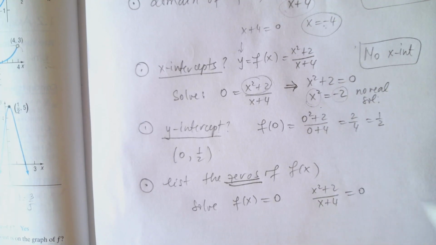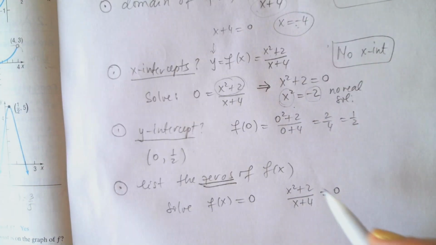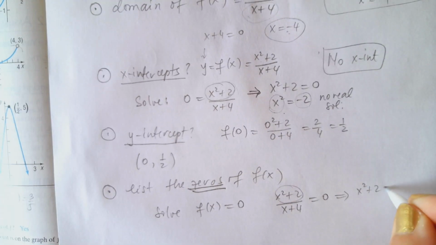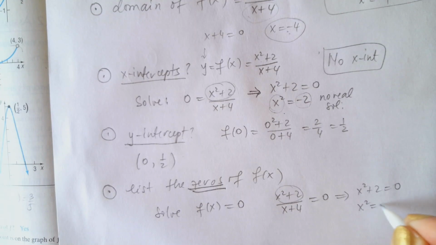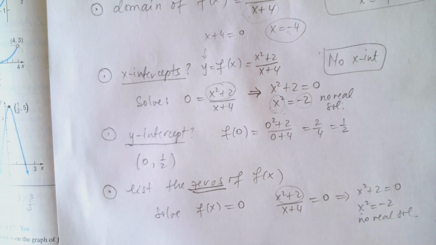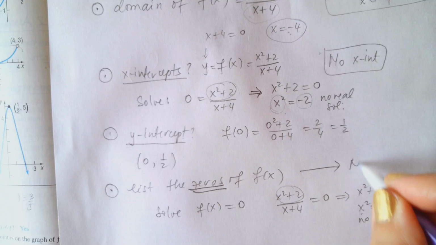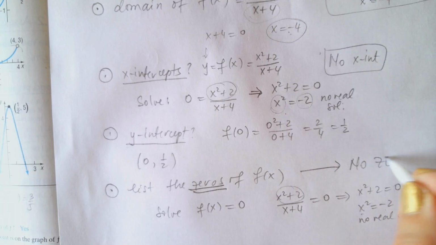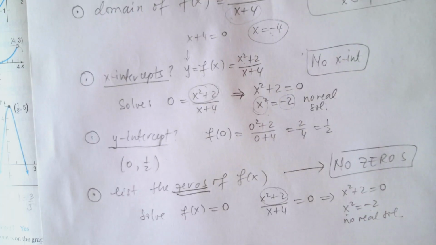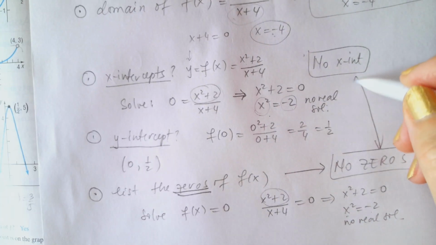A fraction is equal to 0 when the numerator is equal to 0. So I have x squared plus 2 equals 0. But this one doesn't have real solutions. We just explained that before, right? Positive equals negative. No real solutions. So I have no zeros for this function. So basically no x-intercepts means no zeros either, right? That's kind of the same thing.